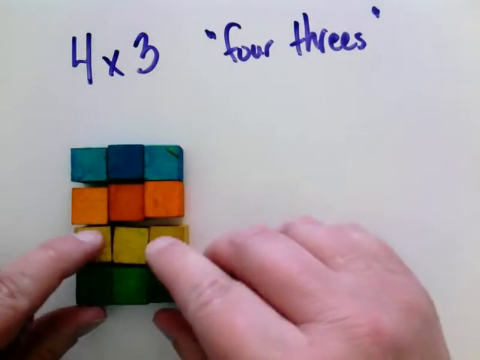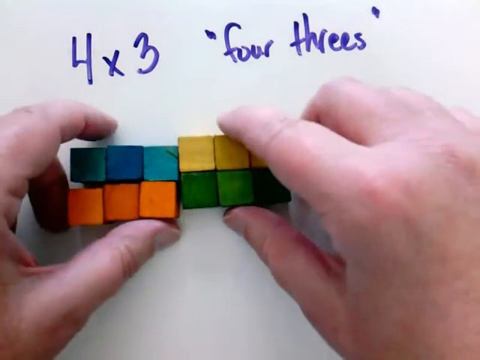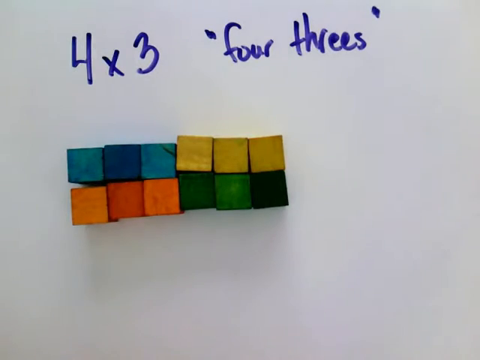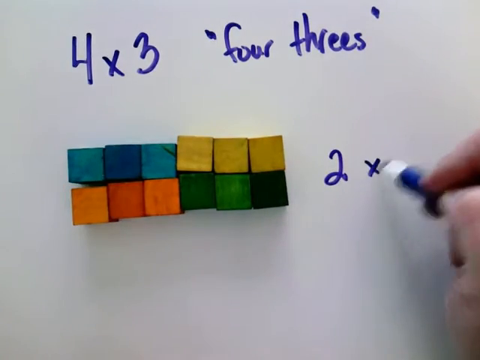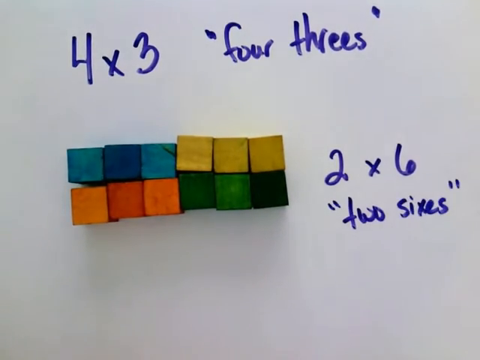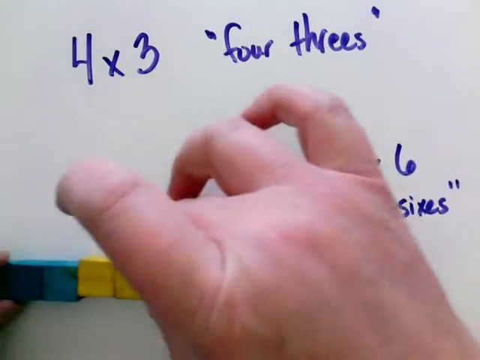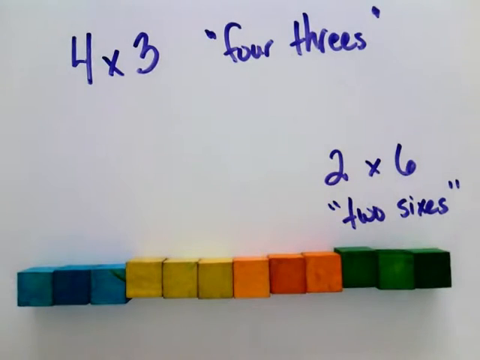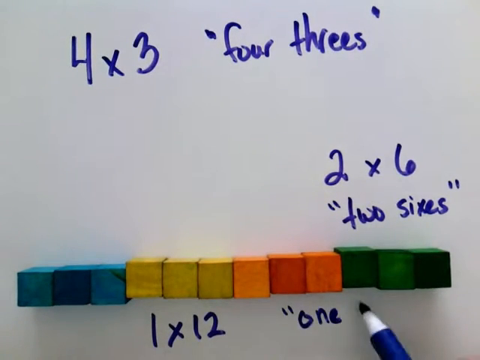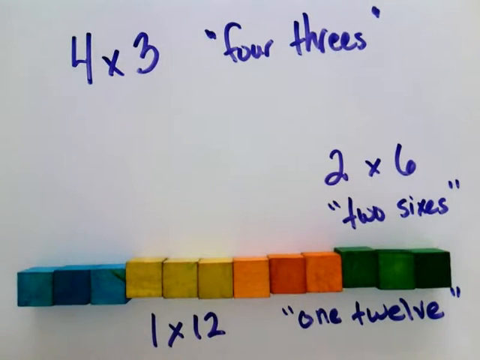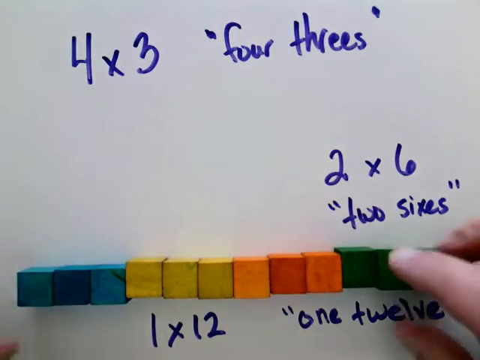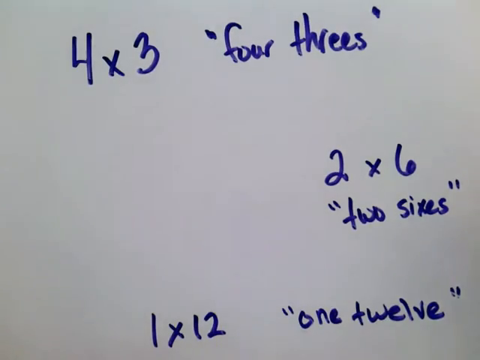Now if we take the 4 groups and rearrange them so that we have 2 groups of 6 blocks, we now have 2 times 6, or 2 sixes. And if we regroup those blocks into one group of 12 blocks, we have 1 times 12, or 1 twelve. We haven't changed the number of blocks, so we haven't changed the value of the product.